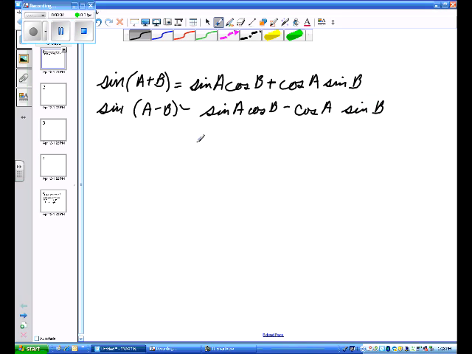Now, we also have formulas for the cosine, for the sum and difference, and the tangent. I'm going to go ahead and put those. The cosine of the sum of two angles, A plus B, is the cosine of the first, cosine of the second, minus sine of the first, sine of the second.